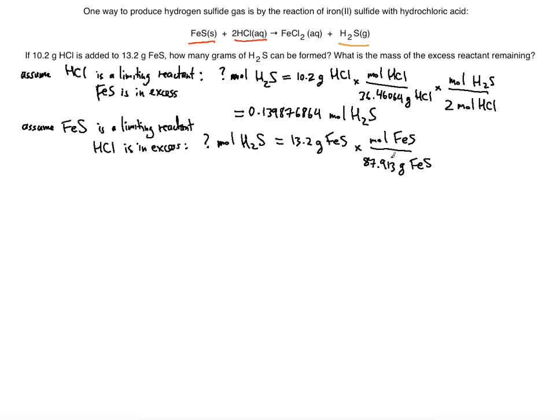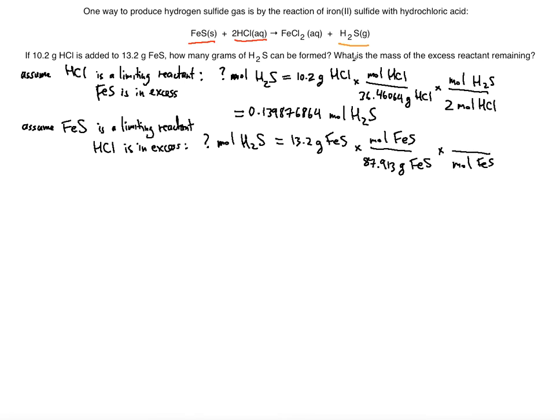Using the periodic table once again, you're going to add the number of grams pertaining to each mole for each respective element, and you're going to get 87.913. Now the final conversion, how many moles do you see here? 1, right? 1 mole.